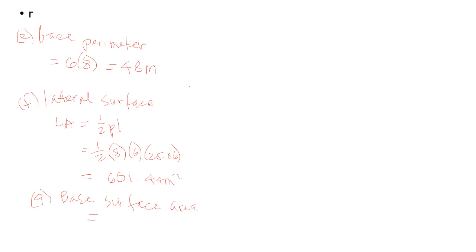So letter G is base surface area, equivalent to 8 times 1/2 times 6 times 7.242, equivalent to 173.81 meters squared.